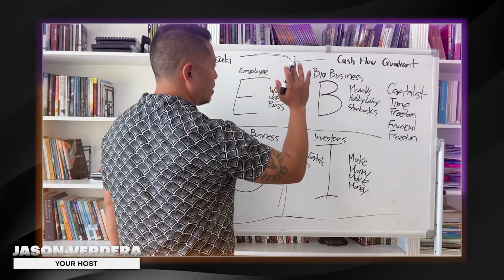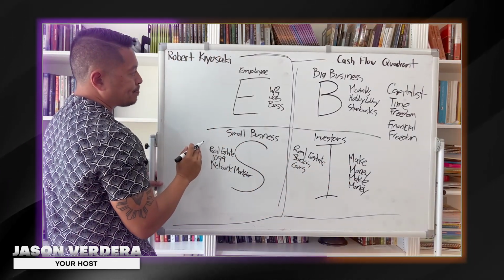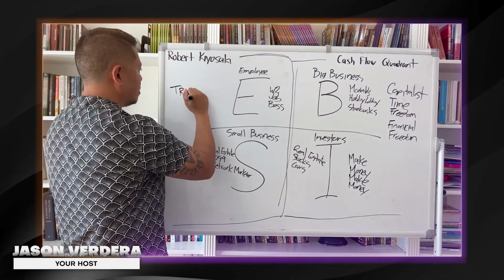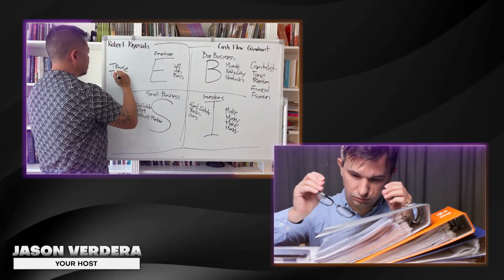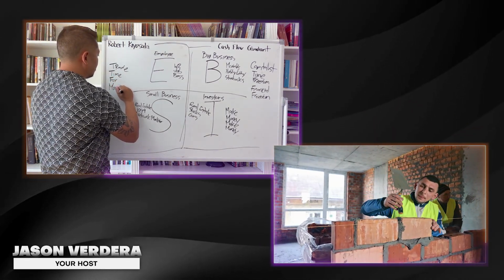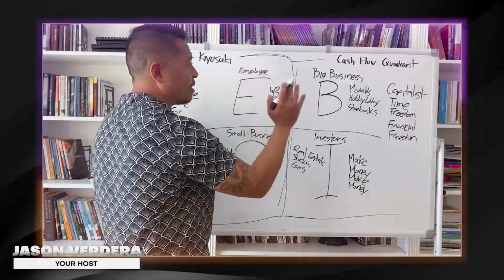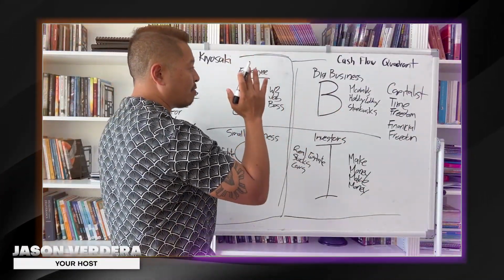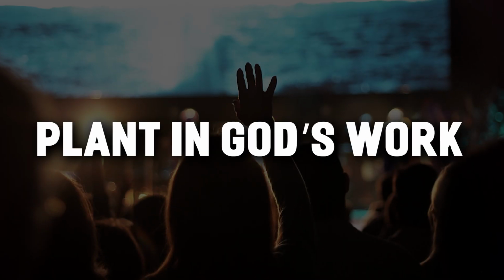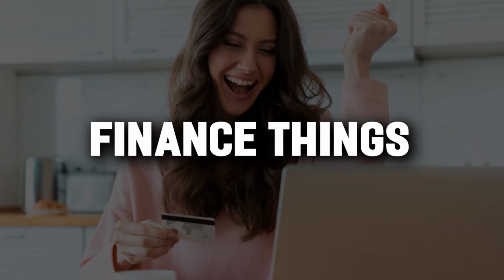You want to be on this side of the cash flow quadrant because over here, they still trade time for money. And that's not where we want to be. We want to have that time freedom and that financial freedom so that we can be with our families, so that we can pour into the kingdom, so that we can finance the things that we care about.